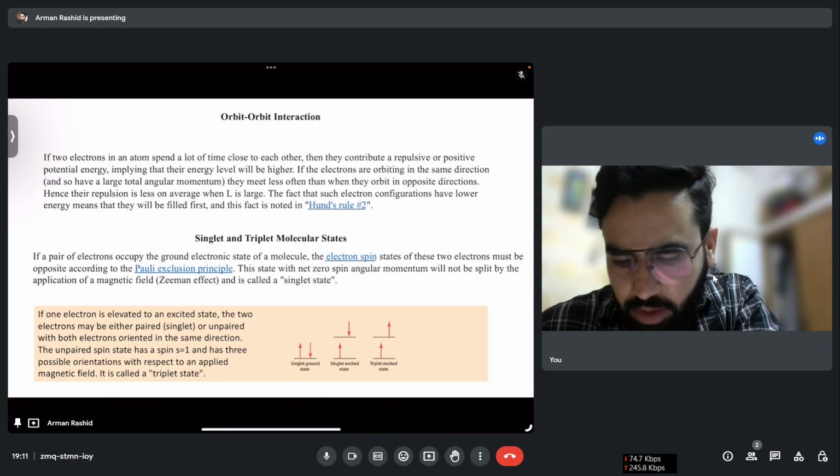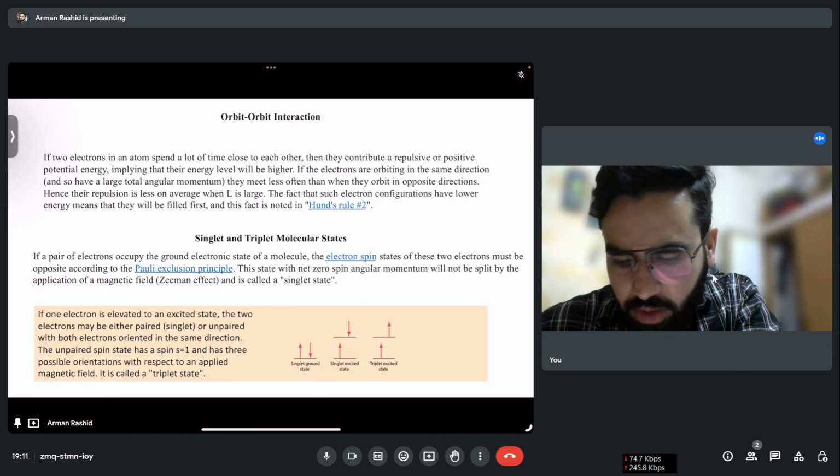Now their space orbital must be different. So once their space orbital is different, what is the probability for this, that the combination of the two will be zero if both space wave functions are the same.